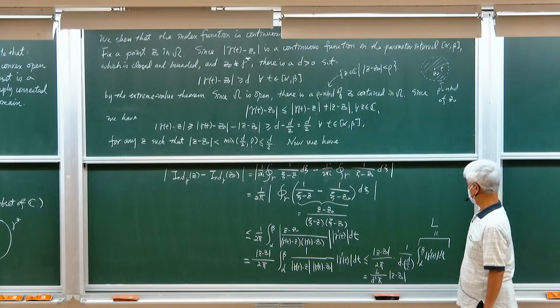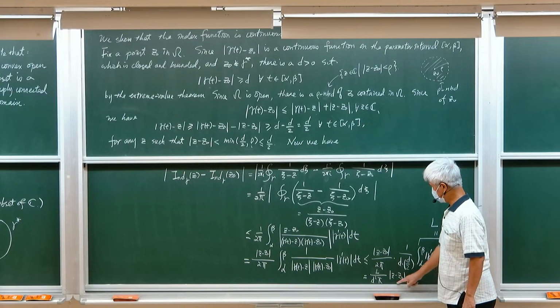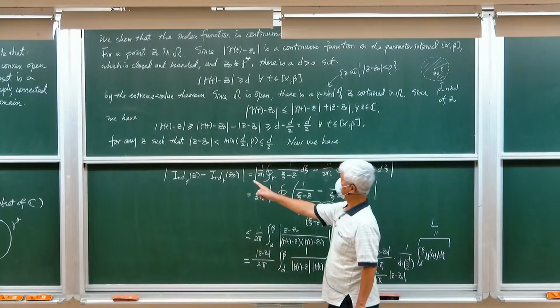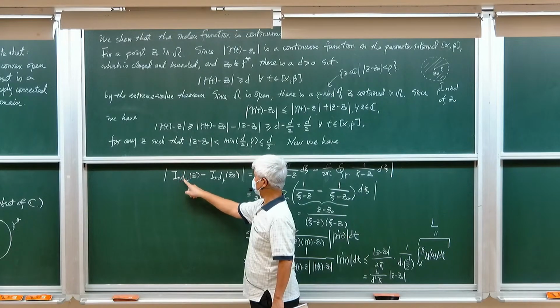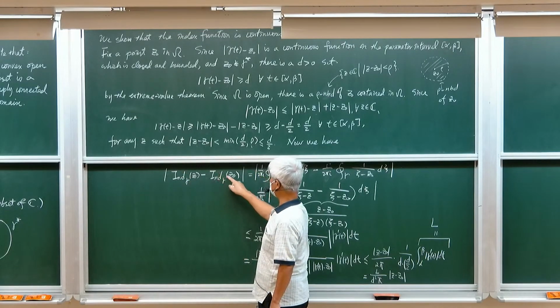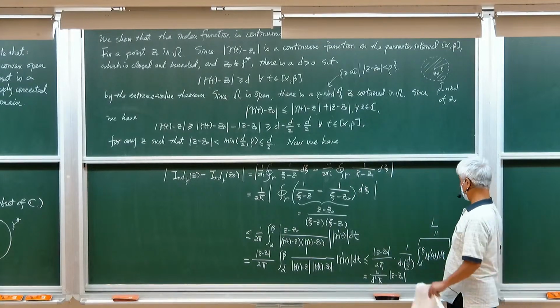All right. So now, if z is very close to z0, then the index of z is very close to the index of z0.